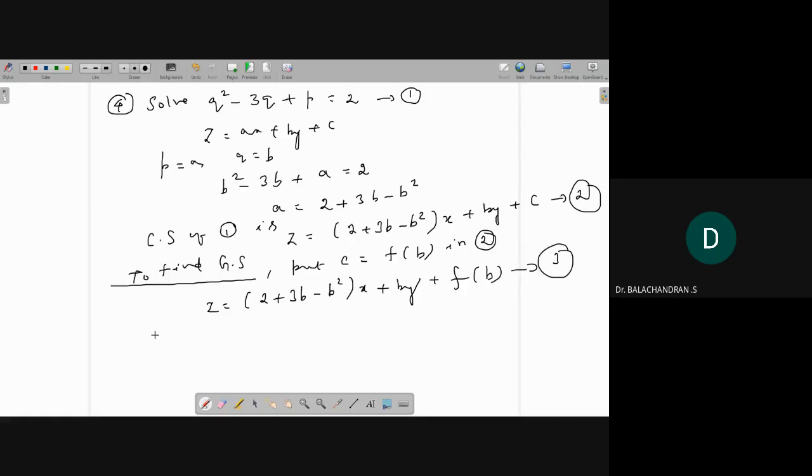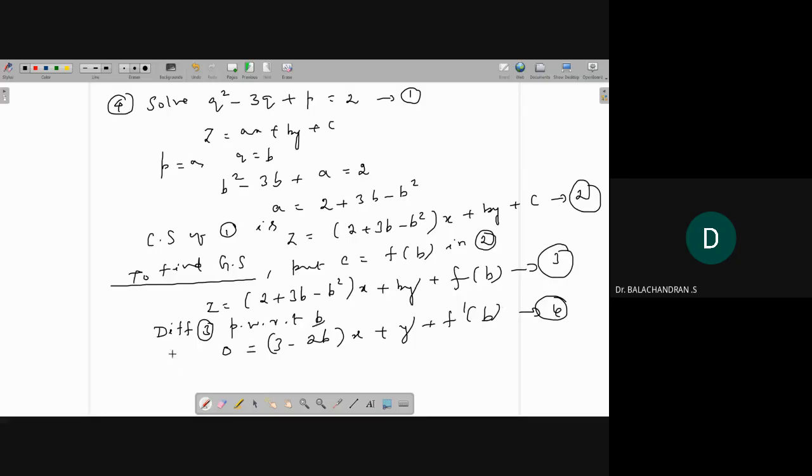Now differentiate equation 3 partially with respect to b. You'll get 0 equal to (3 minus 2b) into x plus y plus f dash of b. This is equation number 4.